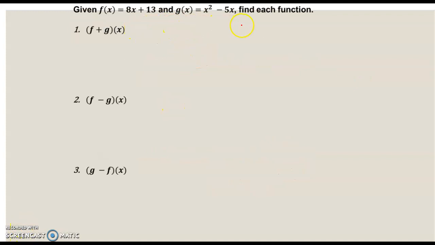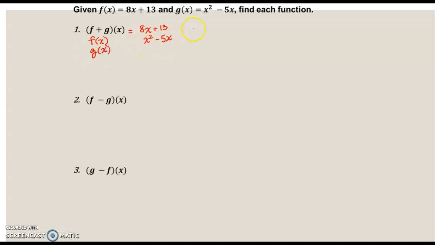We've got the same thing here. F plus g of x, f minus g of x, and then they switch it around, g minus f of x. But you'll be doing exactly the same thing. This time I would like to stack it more. You're going to have 8x plus 13. That's your f of x. And then x squared minus 5x, and that's your g of x.